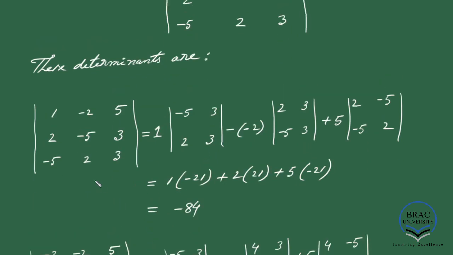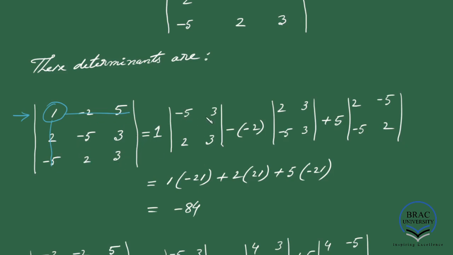This is a 3 by 3 case because the system of linear equations that we are given has 3 variables. So the way to solve it is you pick the first element of the first row. We're working on this first element of the first row, and you ignore the entire row and the entire column. So what you're left with is these values, -5, 3, 2, 3.